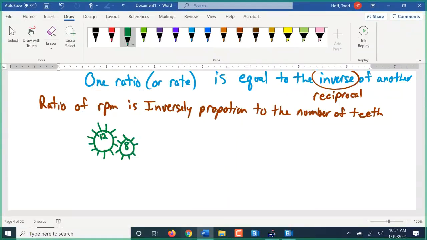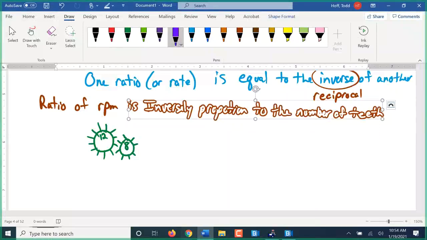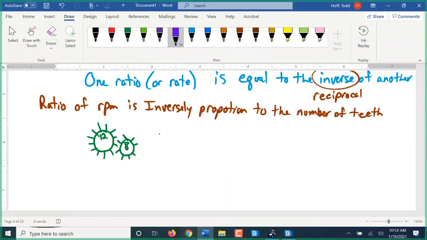Not telling you which one is hooked to power, it doesn't matter in this application. But let's say that we know this gear with 8 teeth is turning at 400 RPM, 400 revolutions per minute. How fast is the gear with the 12 teeth turning?